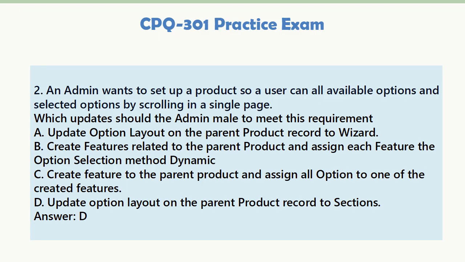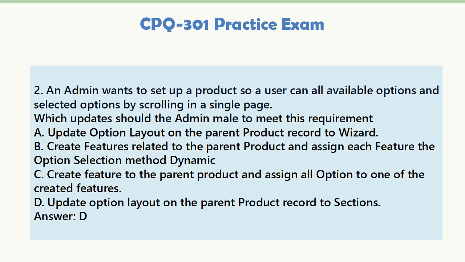2. An admin wants to set up a product so a user can see all available options and selected options by scrolling in a single page. Which updates should the admin make to meet this requirement? A. Update option layout on the parent product record to wizard.